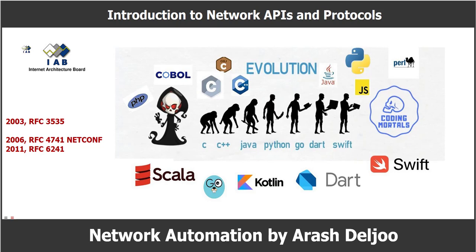One of the notable recommendations from the network operators and developers was that the IETF should focus resources on the standardization of configuration management mechanisms. Next, in 2006, NETCONF was defined in RFC 4741, and again in 2011, it was further defined in RFC 6241. The NETCONF protocol provides mechanisms to install, change, and delete network device configuration.